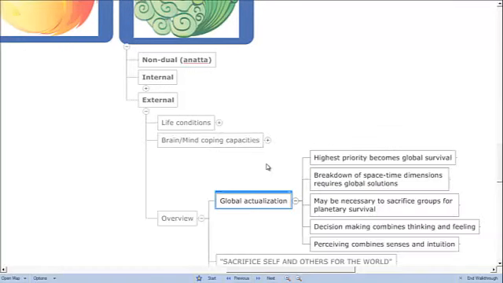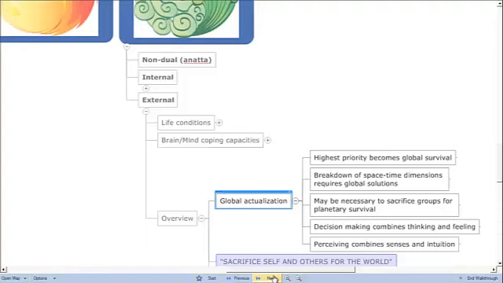Really, this is the level of global actualization. So the highest priority becomes global survival, or not even global survival in the sense of the planet Earth, but survival of all phenomena that are interconnected, recognition of the interconnectedness of all phenomena and the survival thereof. There's a breakdown of space-time dimensions, and that requires global solutions or deep ecological solutions.